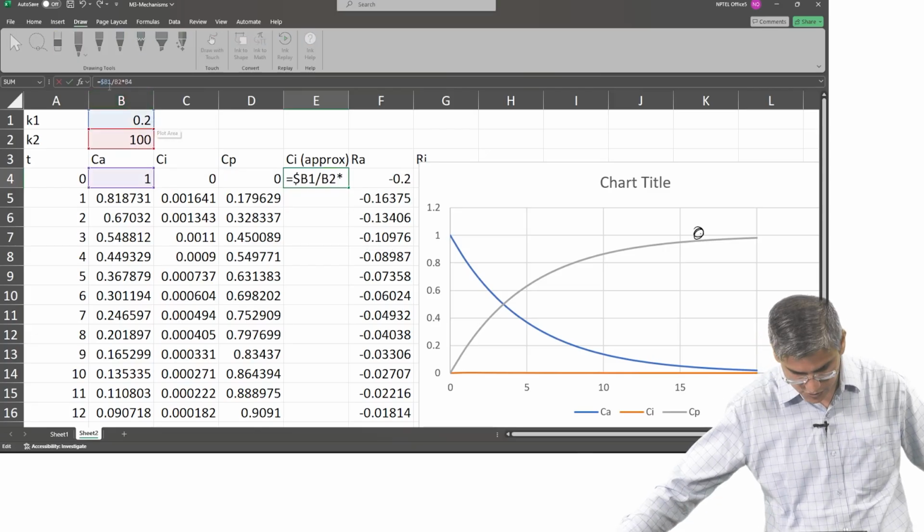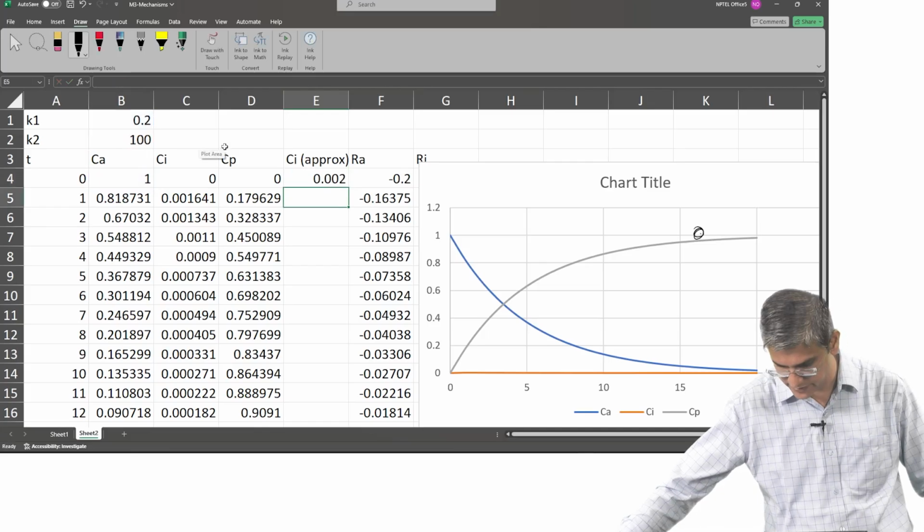The first point of course is going to be wrong. First is anyway the initial point, so we are not going to use it anyway.